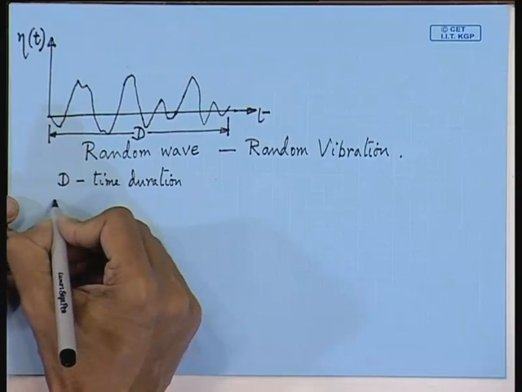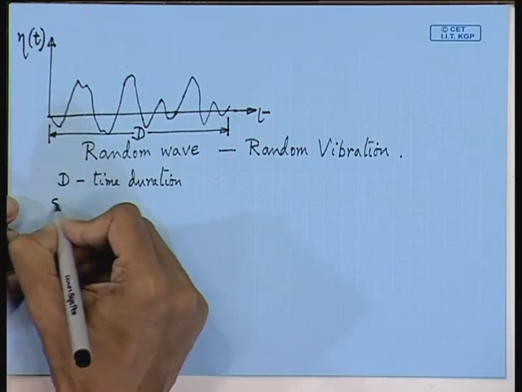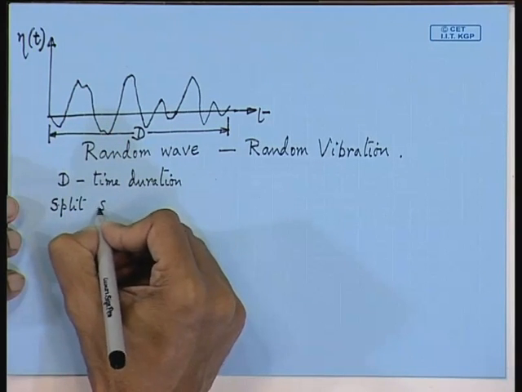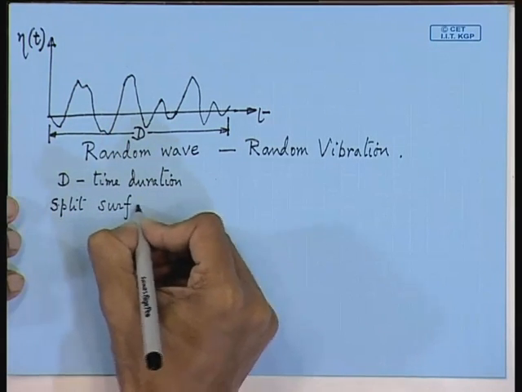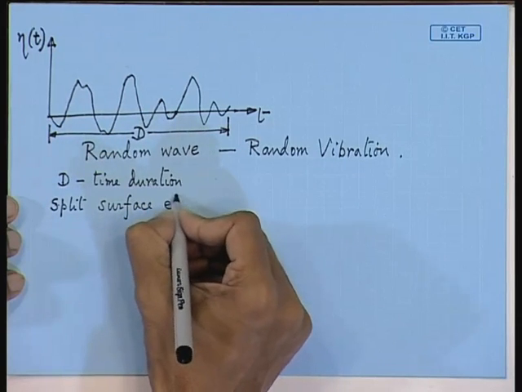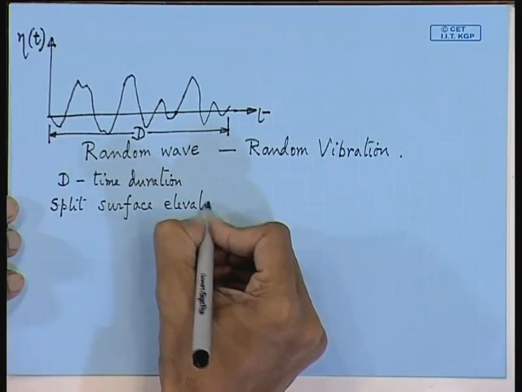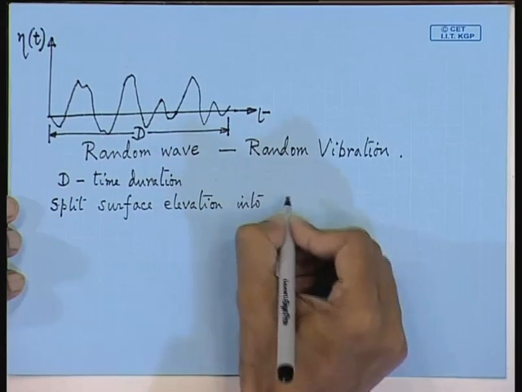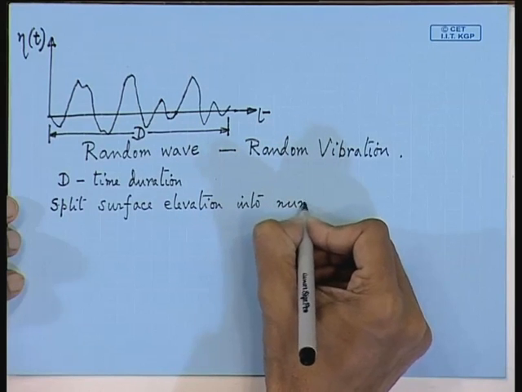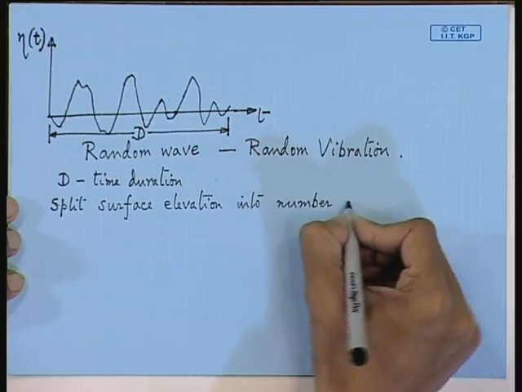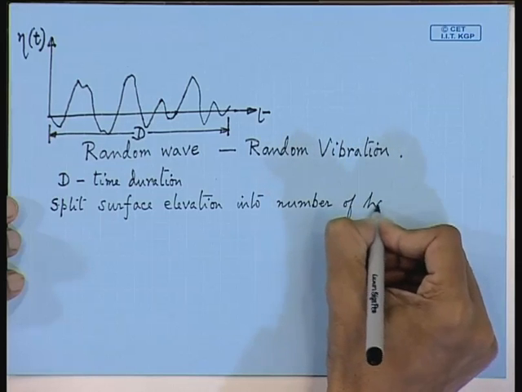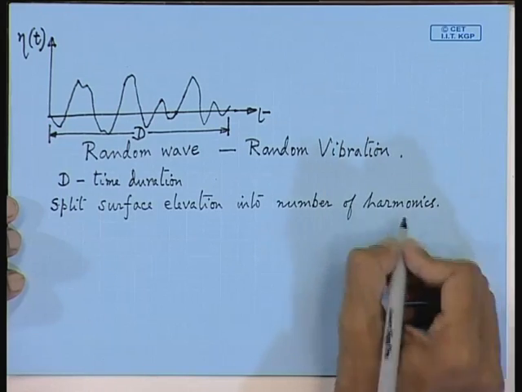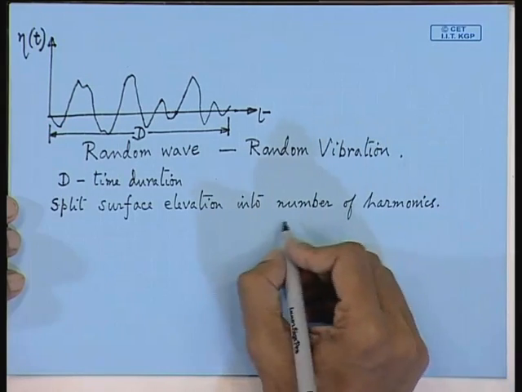So, split, or rather surface elevation into number of harmonics. So, either you can split this up as a sine wave or a cosine wave.